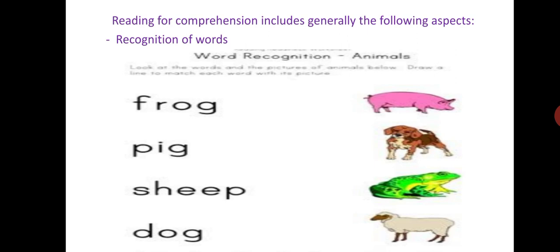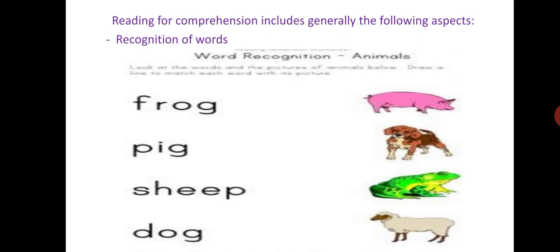So, here is a picture. You can see the picture, and this picture will be helpful for students. Students need to match the exact word with the exact picture. For example, frog.